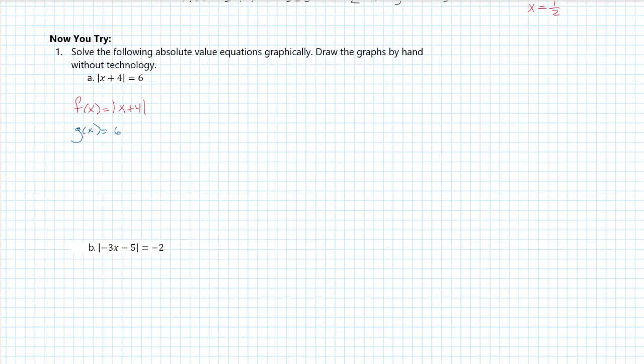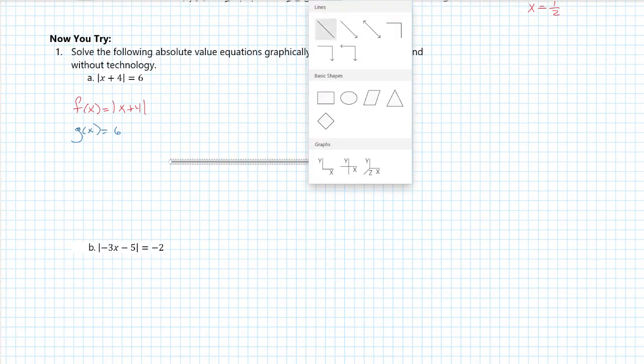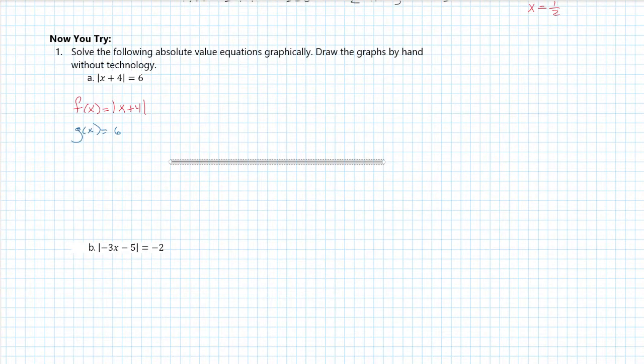I then want to set up a coordinate plane. I'll get a horizontal line towards the bottom. It's just a black line here so that it doesn't confuse us with the graphs of the functions. Get a horizontal line, get a vertical line in here. And I'll go ahead and start out by just drawing the y equals 6 for the g of x.